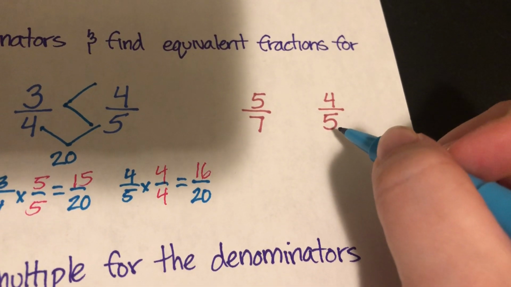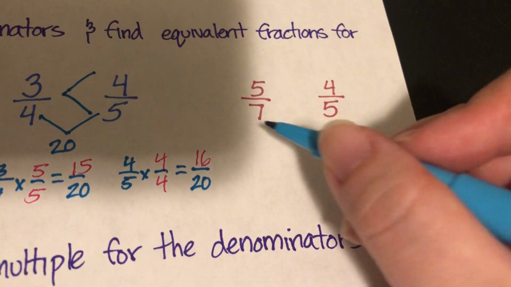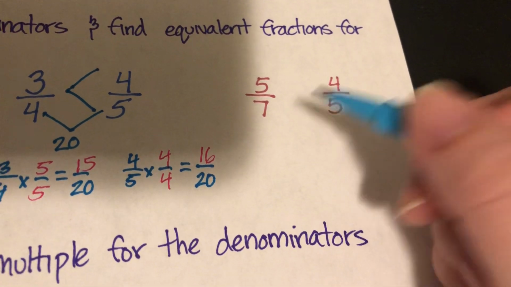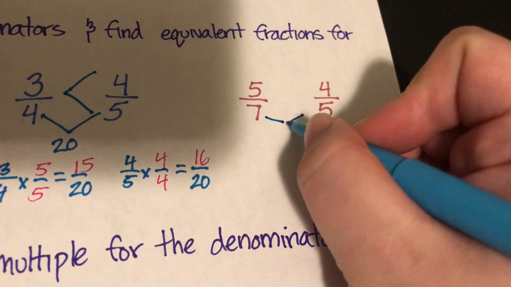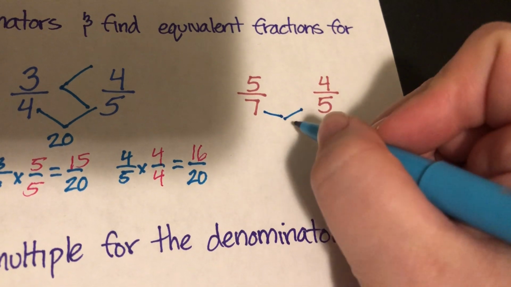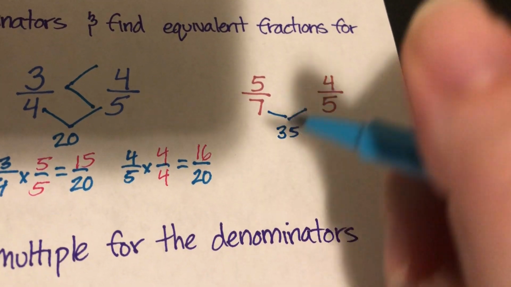Since 5 isn't a factor of 7, 7 isn't a multiple of 5, the lowest denominator we can really find that's in common with these two is if we just multiply them. So 7 times 5 is 35.